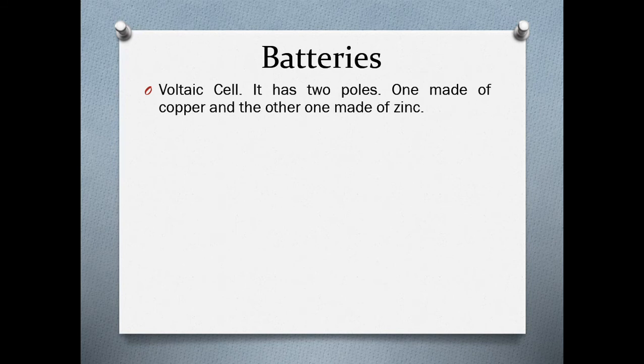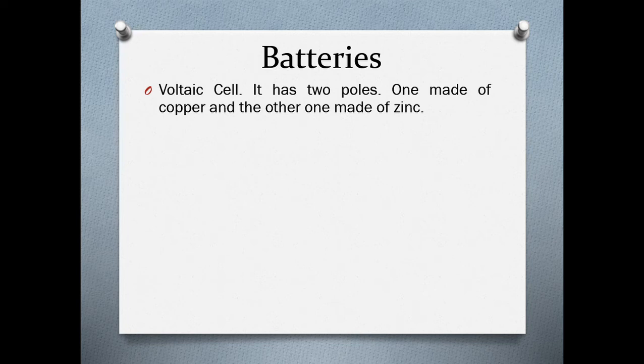Okay, and we have that the charge is transported by the wires, just like I was telling you before. We have batteries. Batteries are very important in circuits because they are the main supplier of energy. So I found an example in the platform, and they were talking about a voltaic cell. Notice that most of the batteries follow this principle. It has two poles, one made of copper and the other one made of zinc.